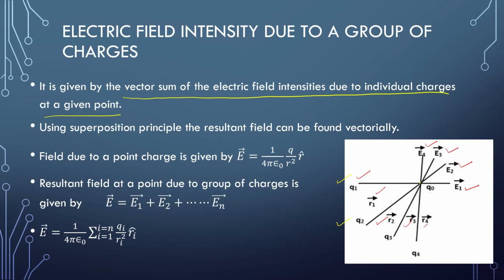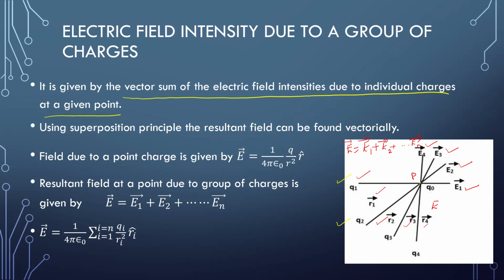Now similarly, if you want to find the field at a point P due to a group of charges, we place a test charge Q0 there, and therefore the field at the point P due to a number of charges will be given by E1 vector, which is the field due to the charge Q1 at the point P, E2 vector, which is the field at the point P due to the charge Q2, and so on, up to the nth charge.